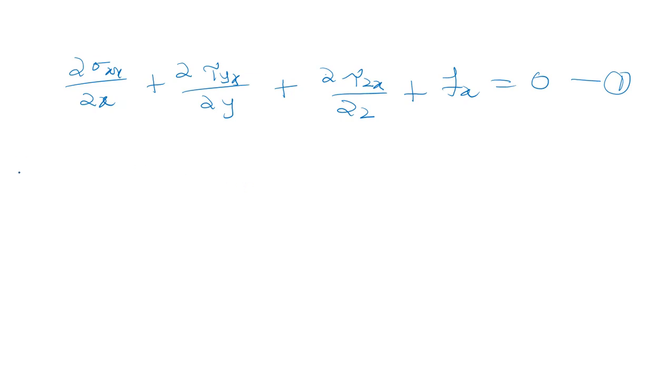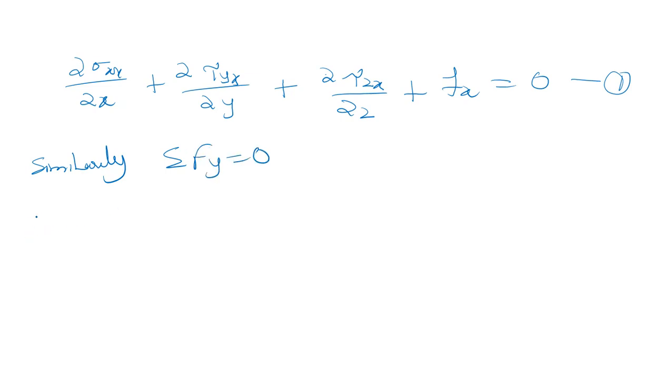Similarly, we can get it for the other two coordinates, y and z also. No need to go through all these things once again. Simply, similarly, sigma f of y is equal to 0 in the y direction.